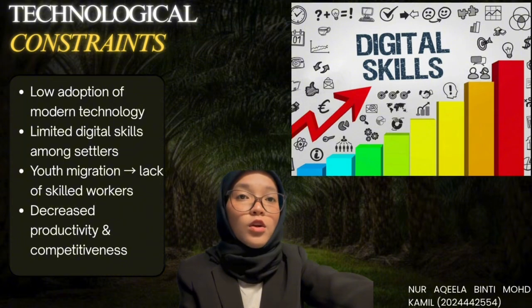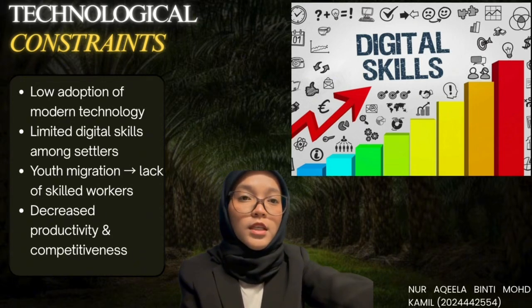Many settlers have a low adoption of modern technology, especially in agriculture and business operation. This is mainly due to limited exposure and lack of digital skills. Furthermore, younger generation who are more skilled in technology tend to migrate to urban areas. This creates a shortage of skilled workers in rural Felda settlement.